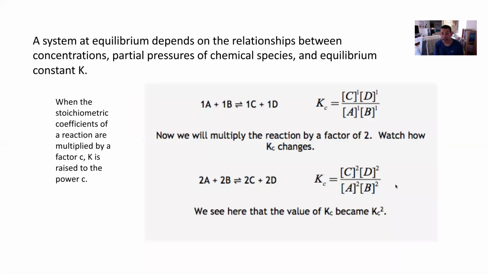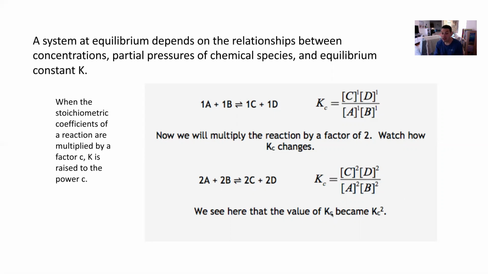And if we change the reaction by multiplying by a factor, whatever that factor may be, stoichiometrically, it's going to be a part of every piece. So if we take the reaction A plus B forming C plus D, if we multiply everything by 2, then everything in the rate constant is going to be raised to the second power.